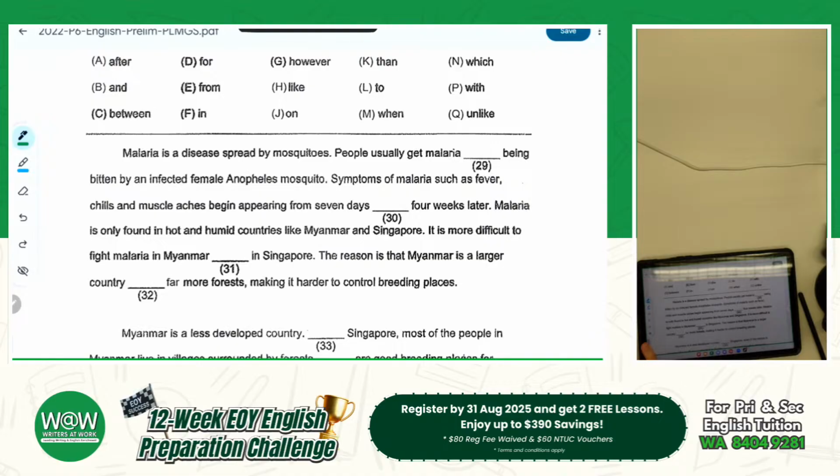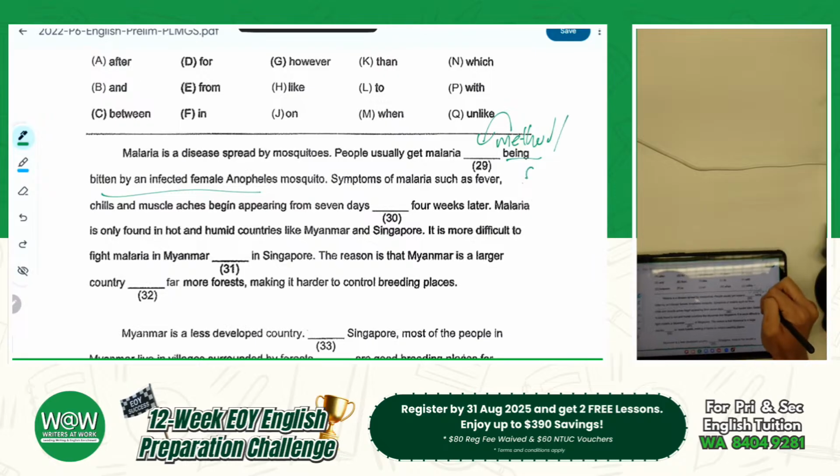Okay, so let's take a look at some grammar first. Malaria is a disease spread by mosquitoes. People usually get malaria dash being bitten by an infected female mosquito. So you can see this is the method in which you can get infected by malaria. So we'll say that they can get malaria. There's no "by" here, right? So instead of method, we can talk about a sequence of events.